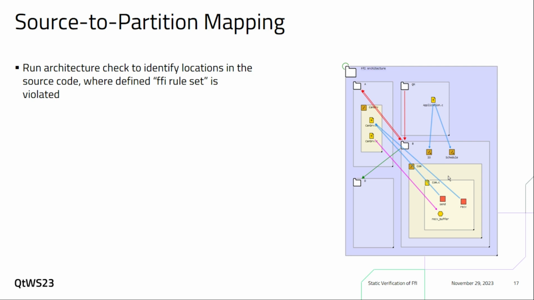So there is a deviation from that QM partition to the ASIL B partition because of calls from this application.c, some function inside of the application.c source file, into the directory IO, so some header that is located here.